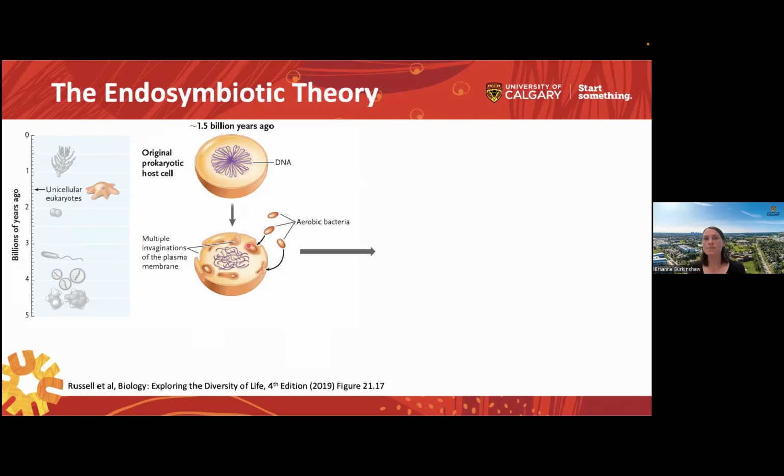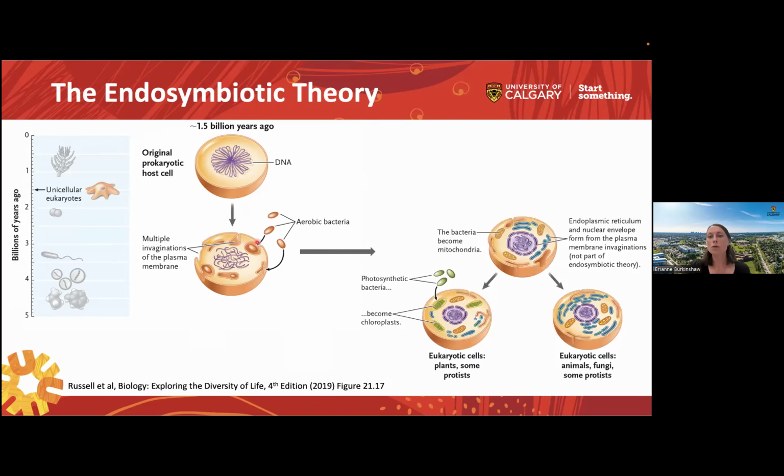And over time, as they live together, they become dependent on each other and they can no longer live apart. So those aerobic bacteria are no longer able to be removed from that cell and live independently. Over time, the bacteria became mitochondria, and the host cell evolved into an early eukaryotic cell.